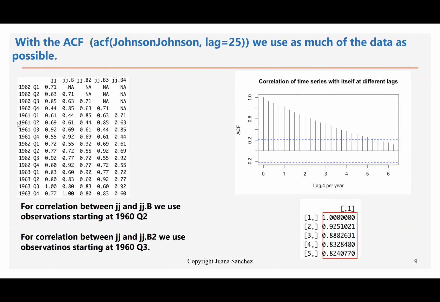This is, if you go back to the prerequisite lecture, how the data that we created looked like when we used the Johnson & Johnson data. When we created YT minus 1, which is JJ.B, of course, we started at quarter 2.